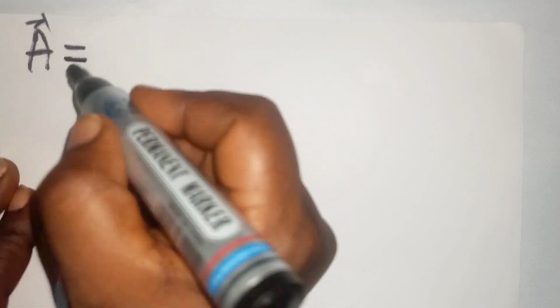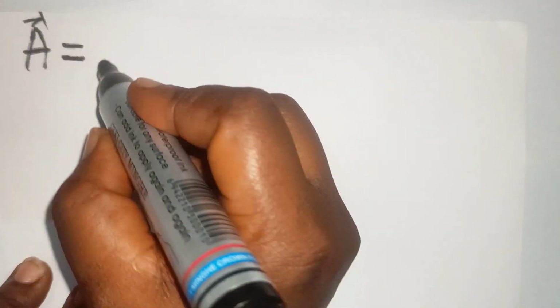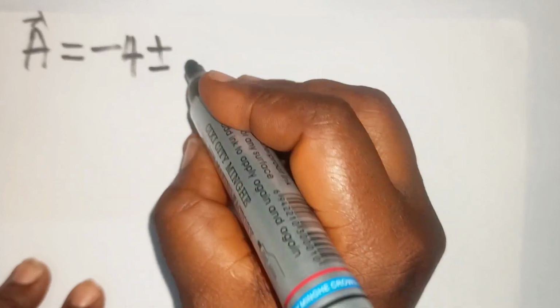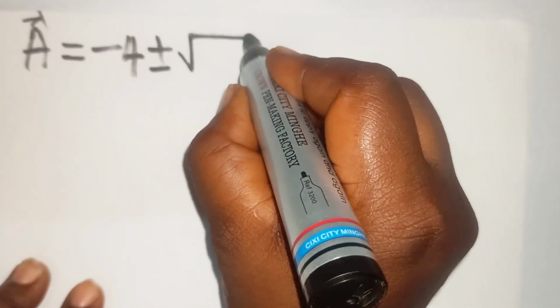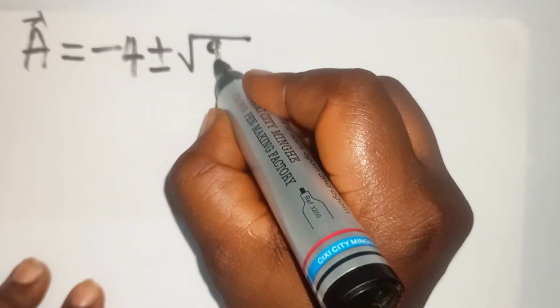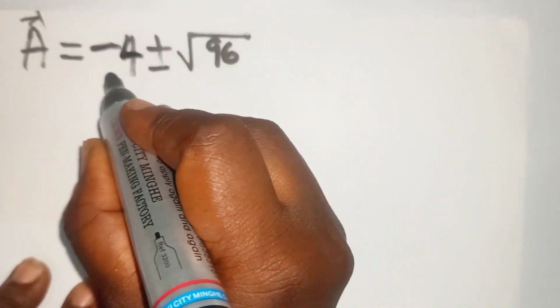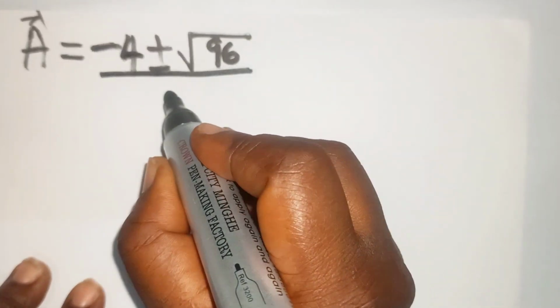So simplifying further, A is equal to minus 4 plus or minus root 16 plus 80 is 96, all divided by 2.